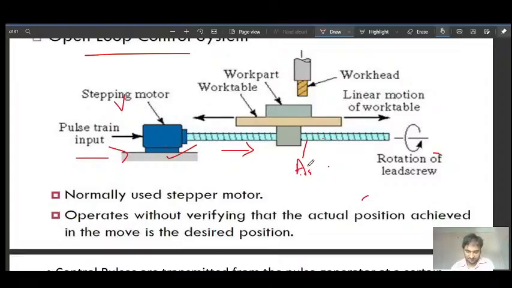Whatever np pulses we have received, it goes here, then through gear reduction here, and then it comes here. So here we have Am.